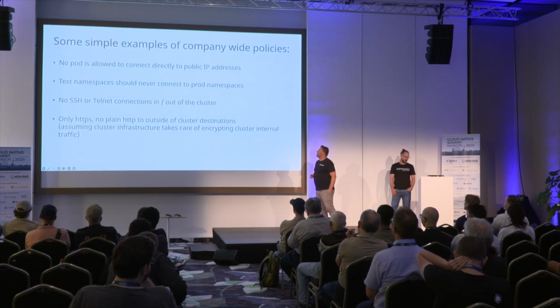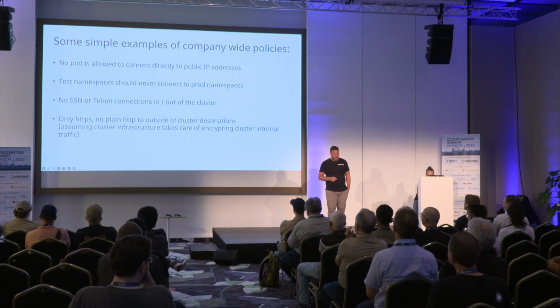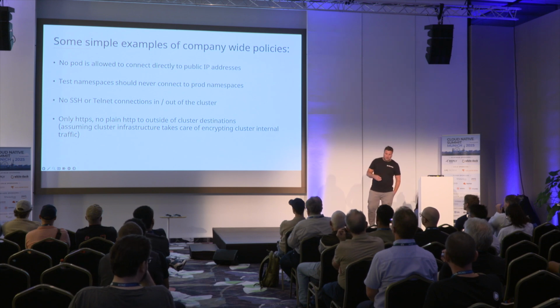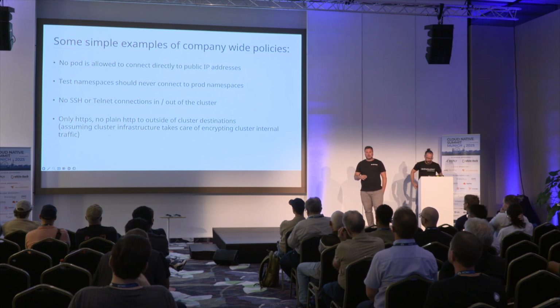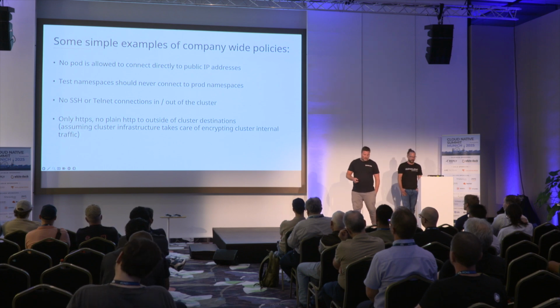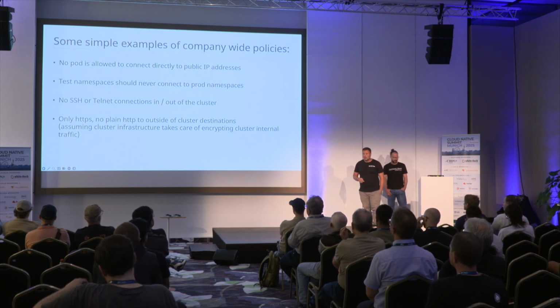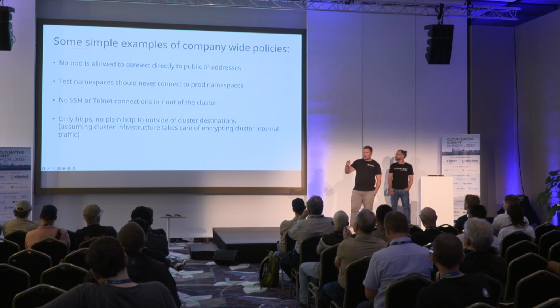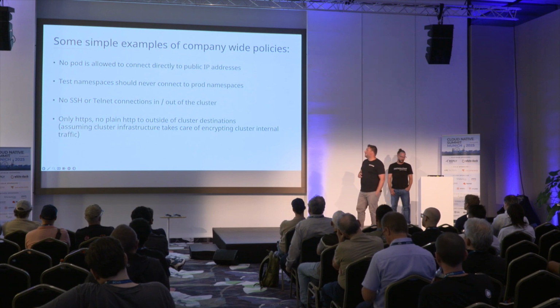And here we have brought some ideas for you. For example, we can block internet CIDRs. We can say, hey, we have a test namespace, we can enforce the policy on the namespace and make an explicit deny there. We can, for the whole cluster, disable SSH or telnet communications. We can, for ingress, only allow HTTPS, so network layer 4, TCP, only this.